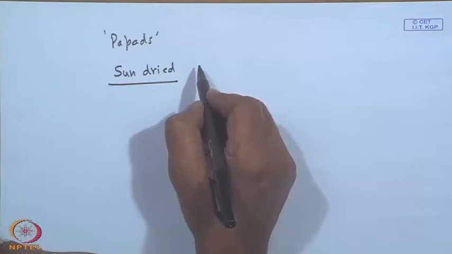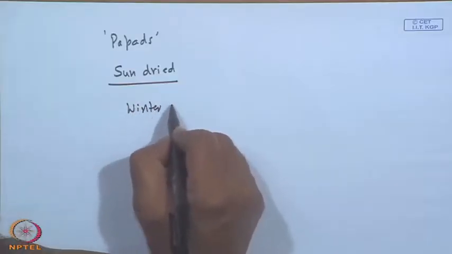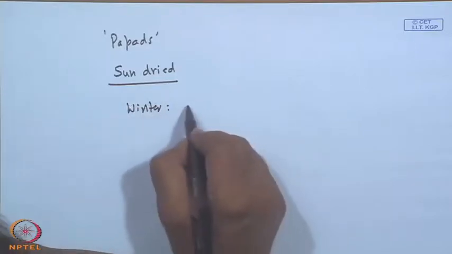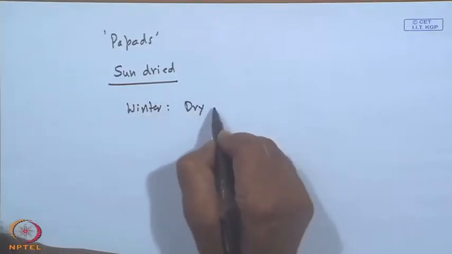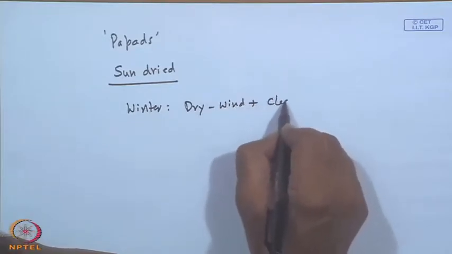Whether or not solar energy technology as a course was studied by the elderly people, this has always been used for sun drying purposes. And the season generally in the southern part of India is winter, not because the sun is so high or anything like that, it is dry wind plus clear sky.